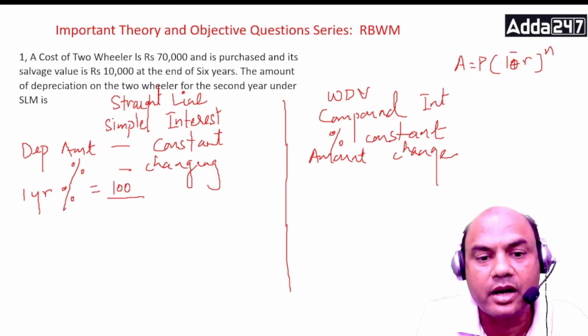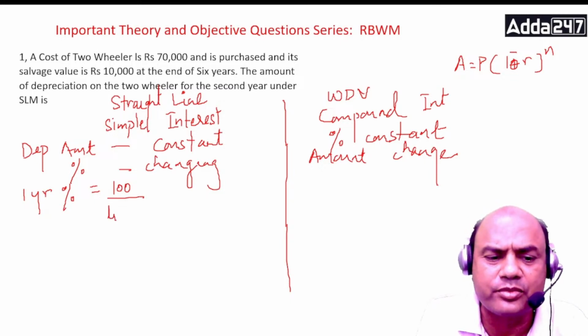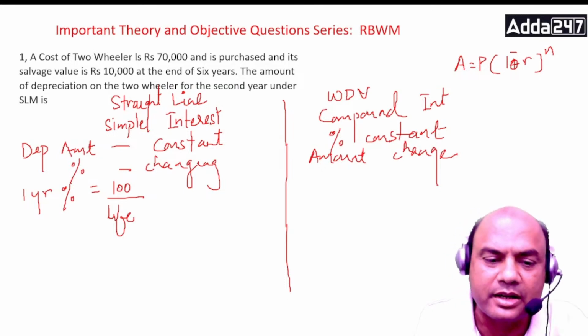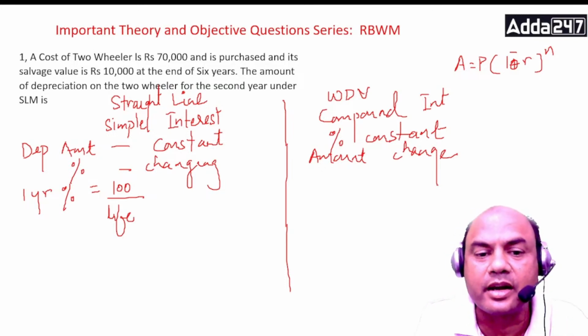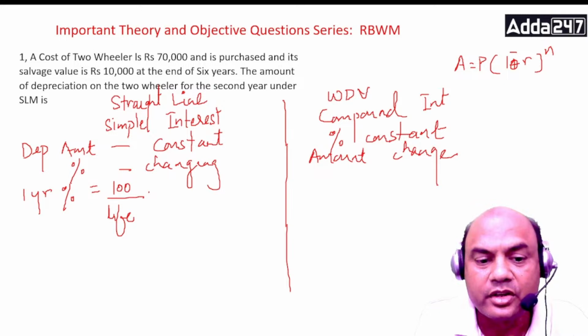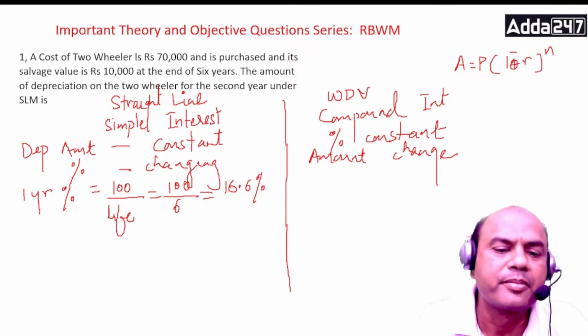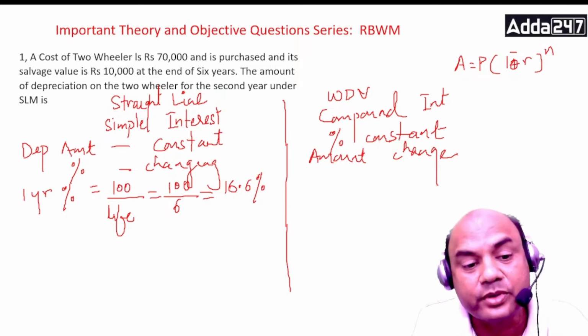Whatever is the life, you divide 100 by that life. So here it is 100 upon 6, roughly 16.66, so 16.6 is the first year percentage.